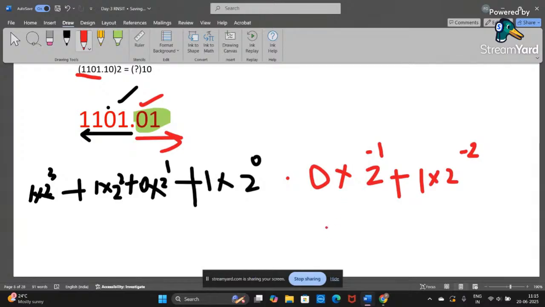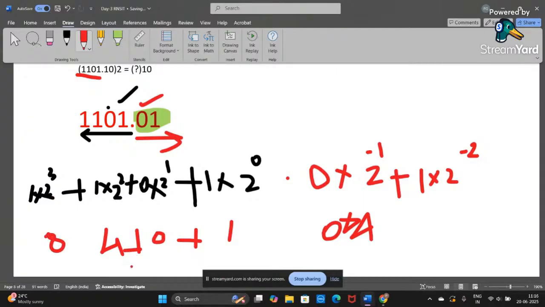Let us take the value. 0 into anything, it is 0. And for this, we'll get 2 power 2, it is 4. 0 plus 4, it is 4. And here, 1 into 2 power 0 is 1. And here, zero, because 0 into anything, it is 0. 1 into 2 power 2, it is 4. 2 power 3, it is 8.